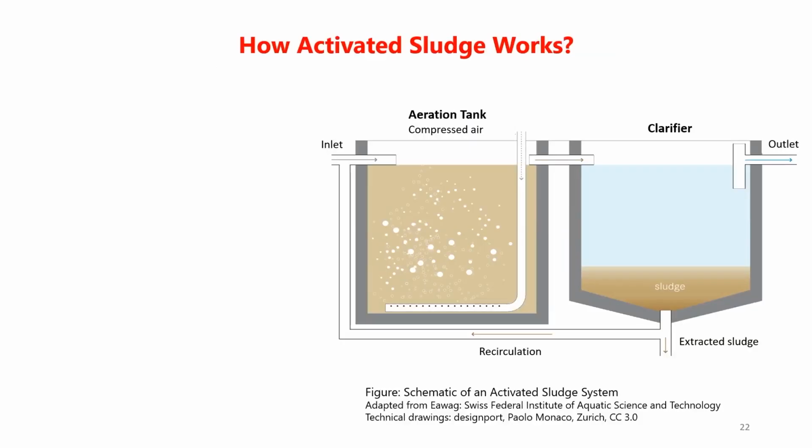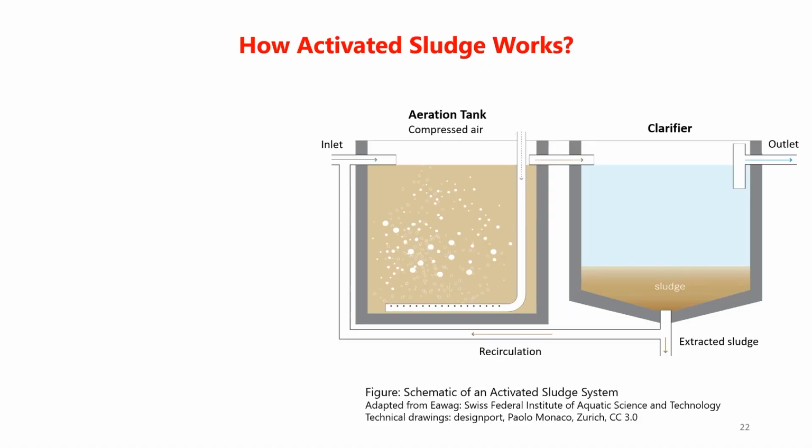How does activated sludge work? Here you can see the schematic of an activated sludge system, and here is the inlet through which we will send in the waste, and this is the aeration tank where we send in compressed air.